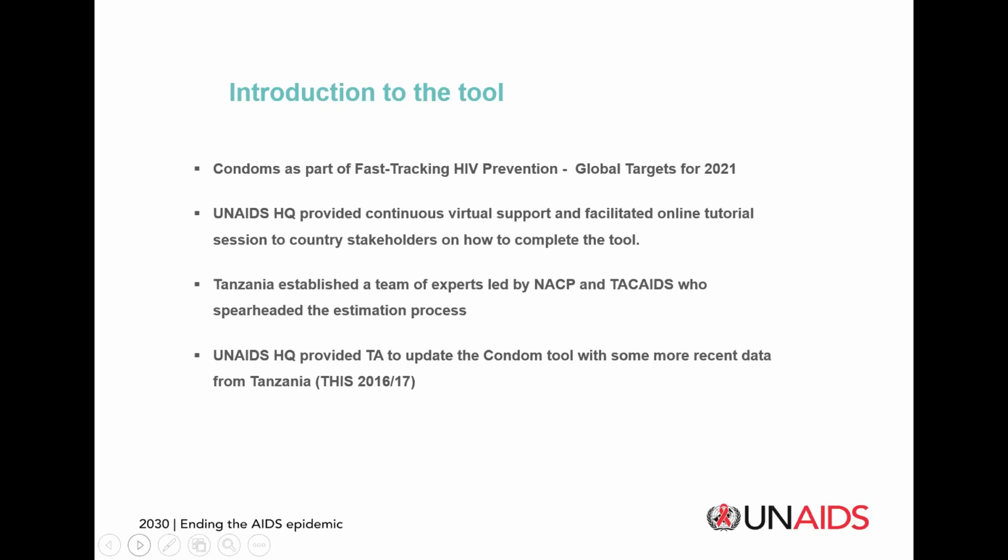A team of experts led by the National AIDS Control Program and partners spearheaded the estimation processes. The headquarters UNAIDS provided TA, but also supported with some more recent data, updating the tool with the more recent data from the Tanzania HIV Impact Survey of 2016-2017, which is the latest HIV survey.